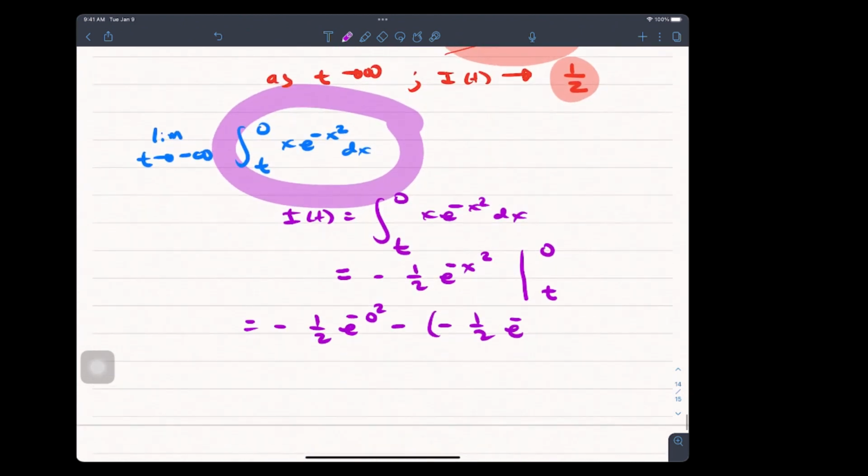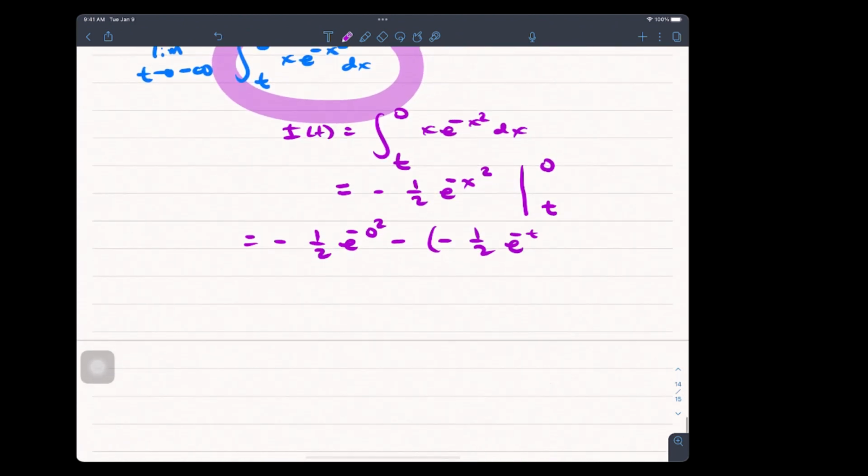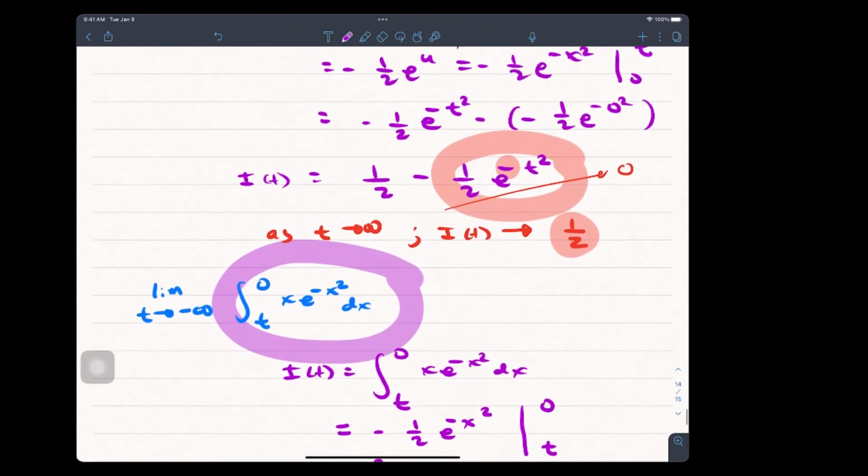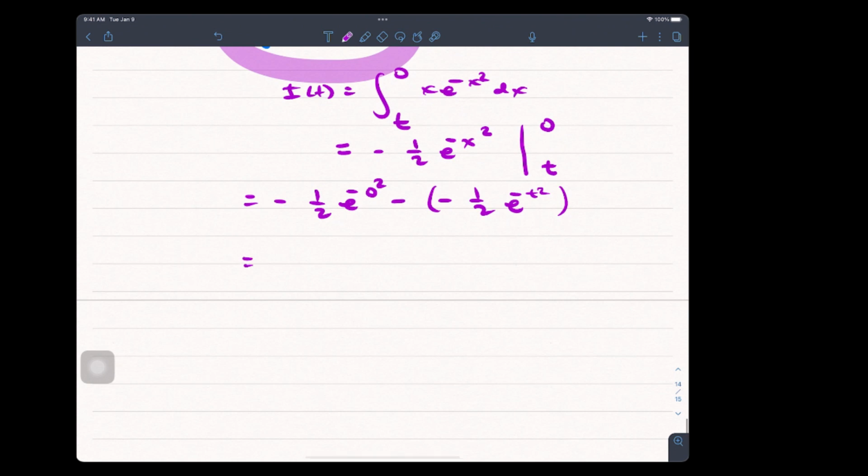All right, so this would be minus t squared, I think. Negative 1/2 plus 1/2 e to the minus t squared. So double check, ladies and gentlemen, if we have our signs okay. I think so.